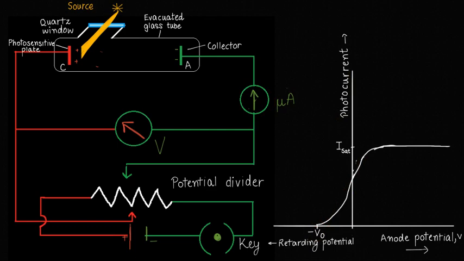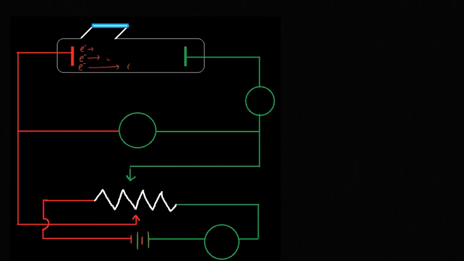Now let's start today's class with this stopping potential V naught. In the photoelectric effect, the electrons emitted by this photosensitive plate are emitted with different velocities.